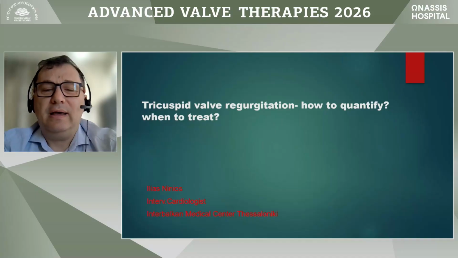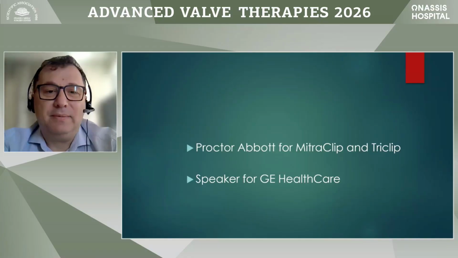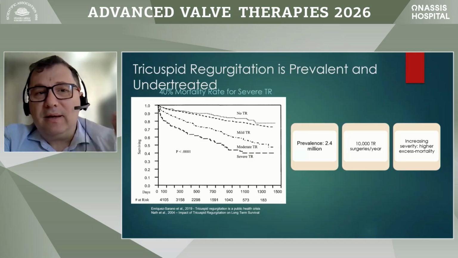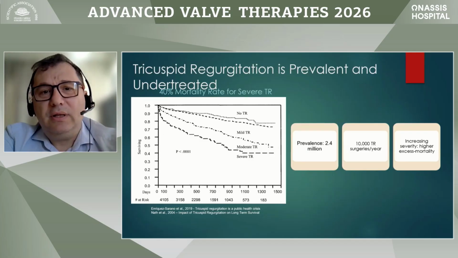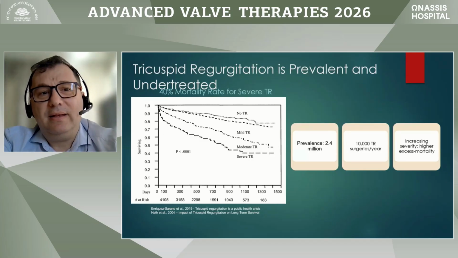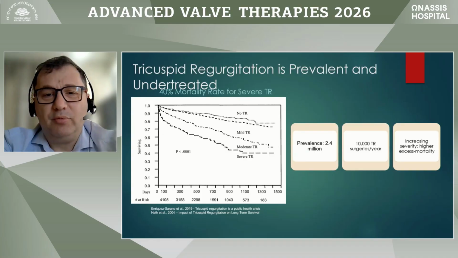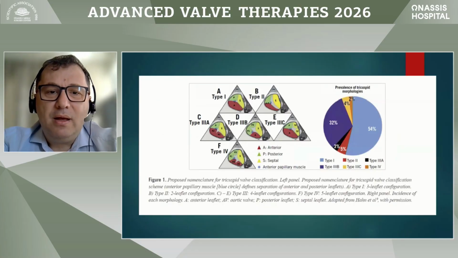Regurgitation. My topic is about tricuspid valve regurgitation, how to quantify and when to treat. And actually, we all know that tricuspid regurgitation is very highly prevalent and untreated among the elderly population.